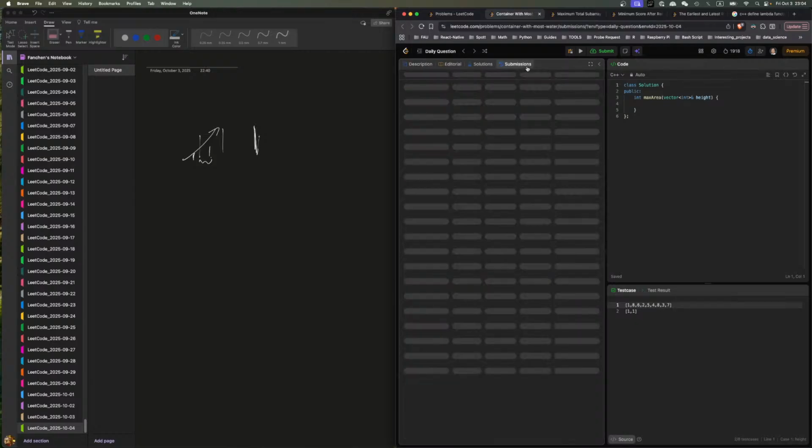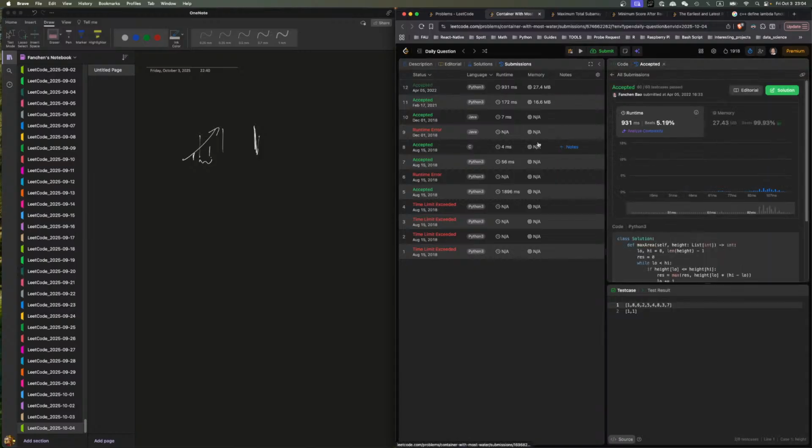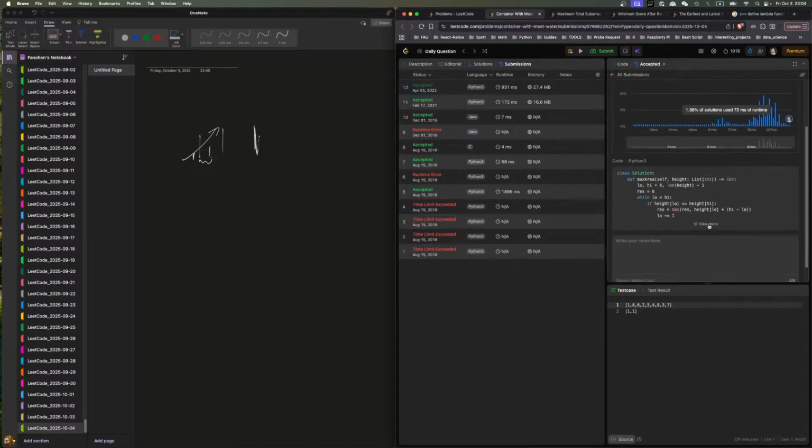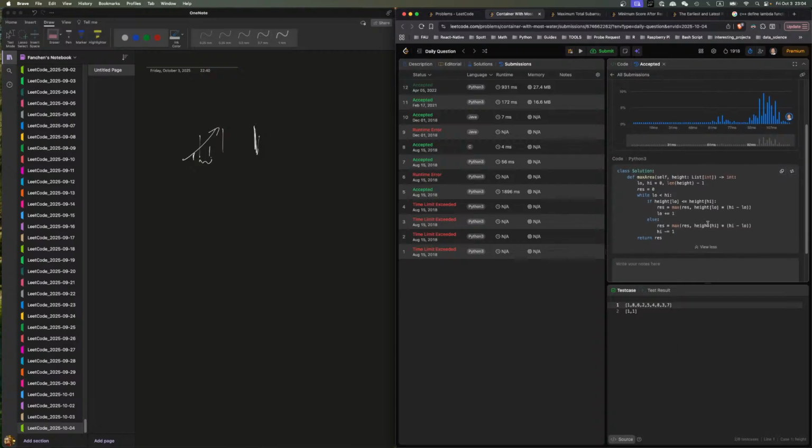I don't know. How does it work? I don't understand why this one works though. It doesn't make any sense. It's essentially the lower one I'll move. But why does it work?